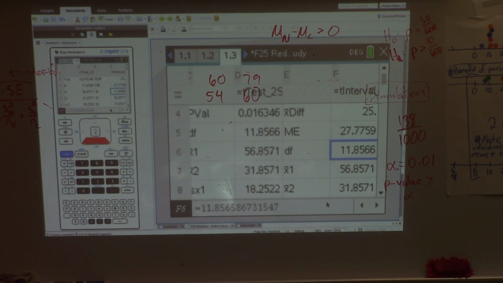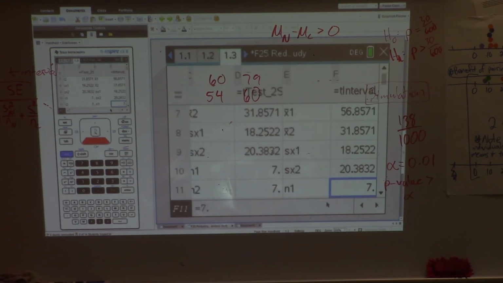But pull all our stuff. So x bar 1 minus x bar 2, 56.857 minus 31.857 plus or minus. Now remember, they don't give us our t, so we're going to have to come back to that.